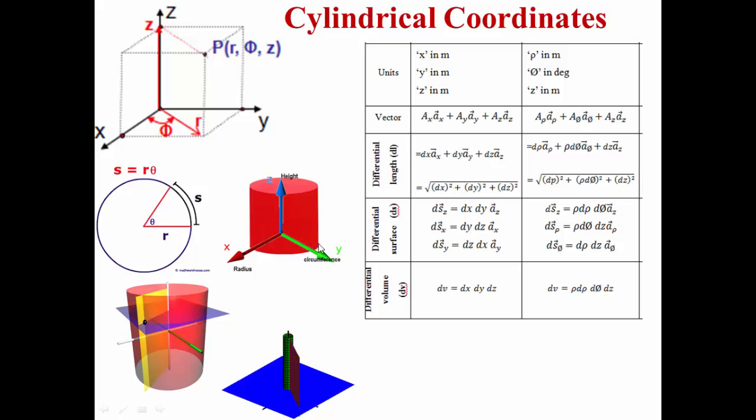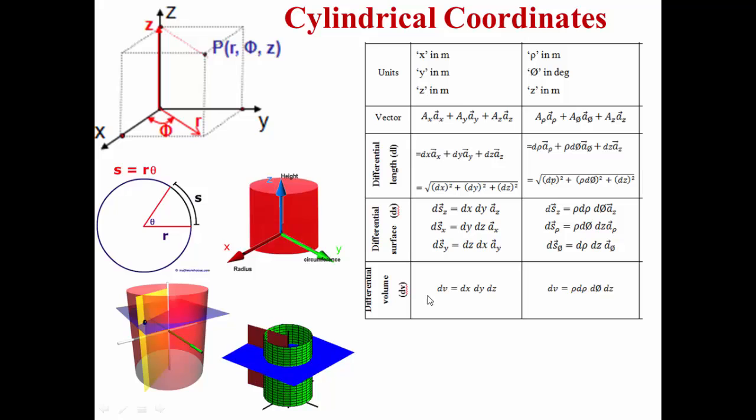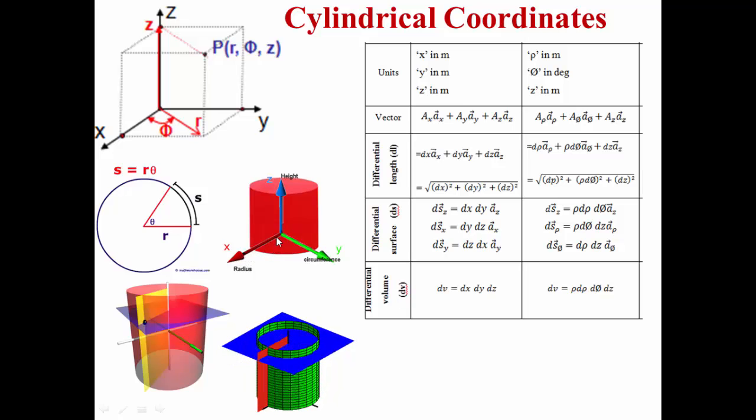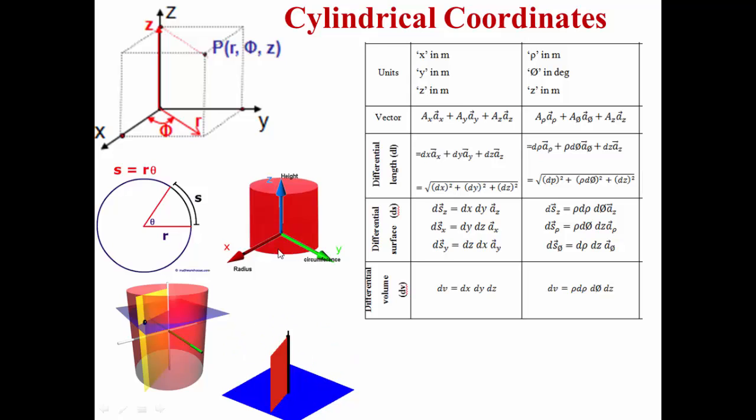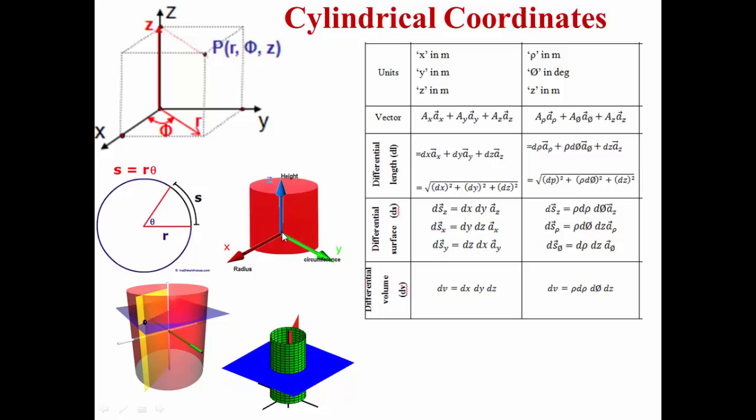The circumference of the cylinder is in y direction and the height of the cylinder is in z direction. Now, you can discuss here the radius is in meter. The circumference, this is the angle. Then the height of the cylinder is in meters.